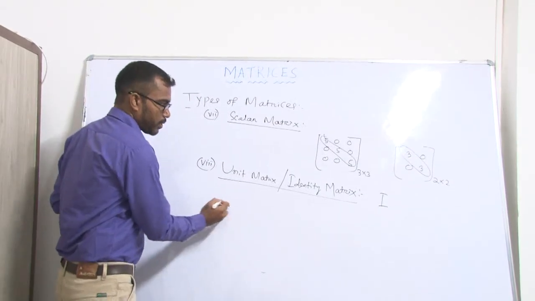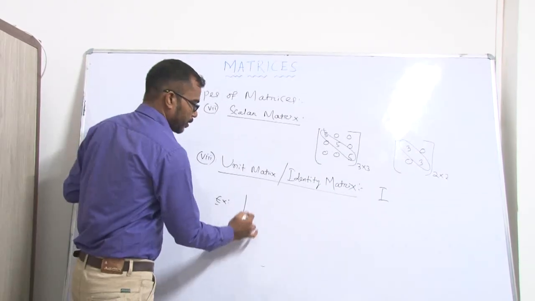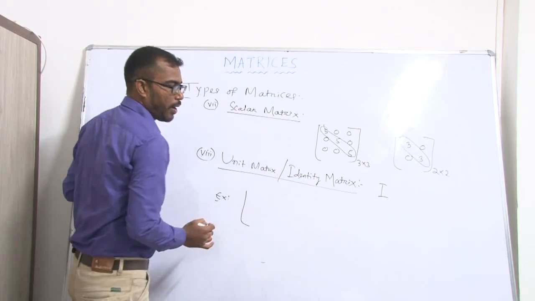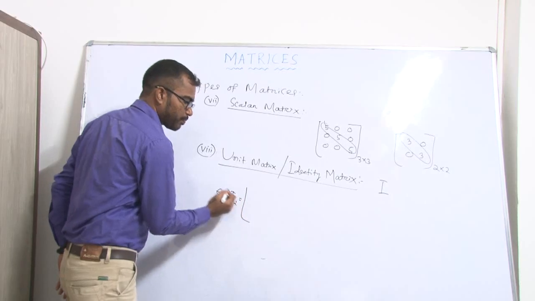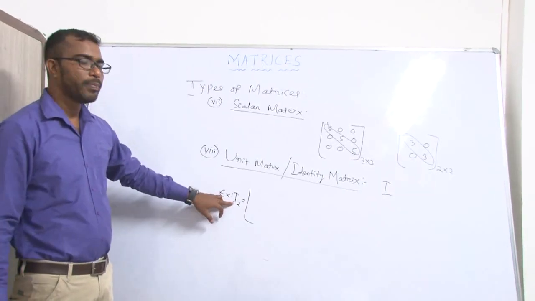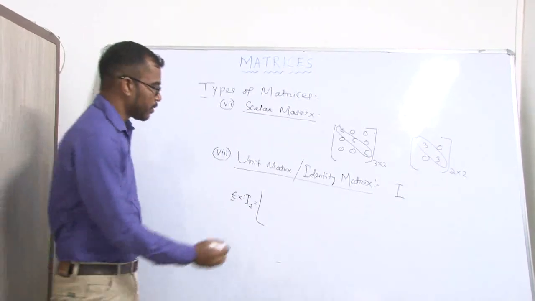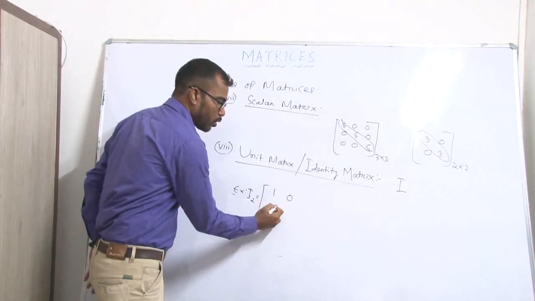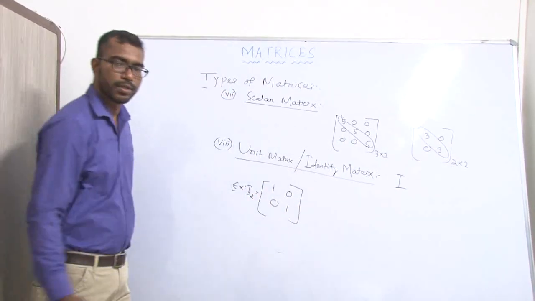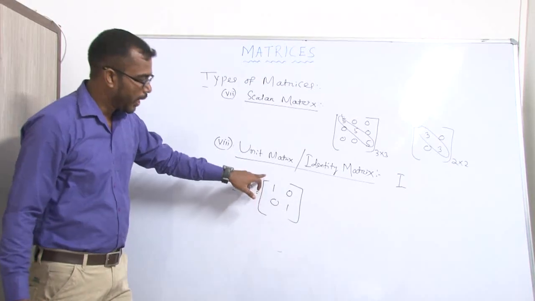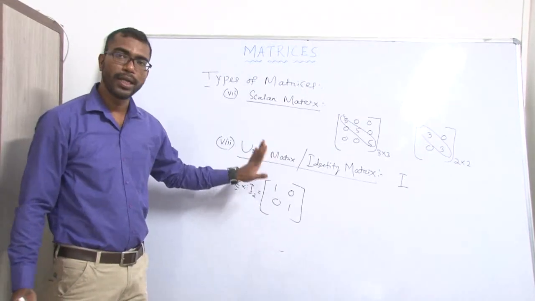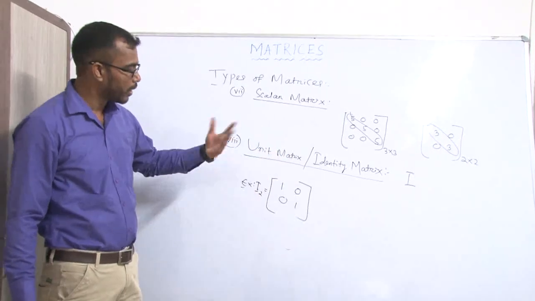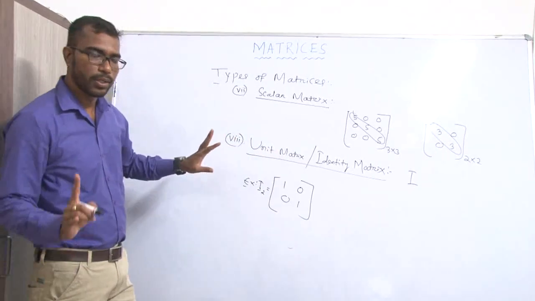So here are the examples. It is denoted by I, so we can write, suppose, I2. I2 means it is a unit matrix of second order. That means we can write 1 0 0 1. It is a square matrix and its main diagonal elements are only 1. You cannot write another number, only 1.